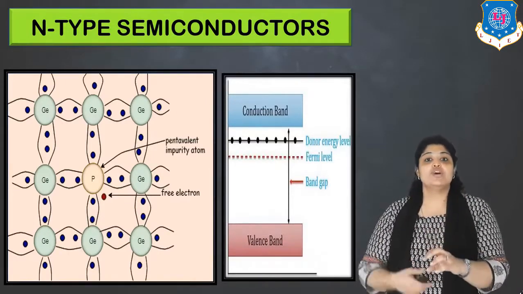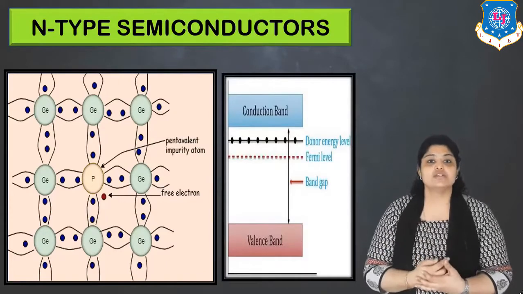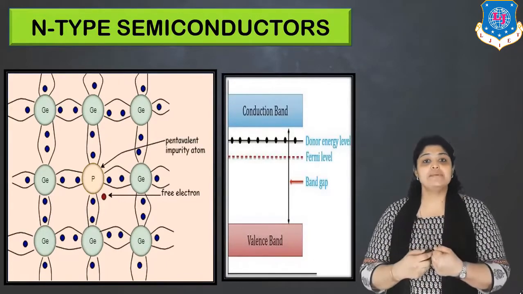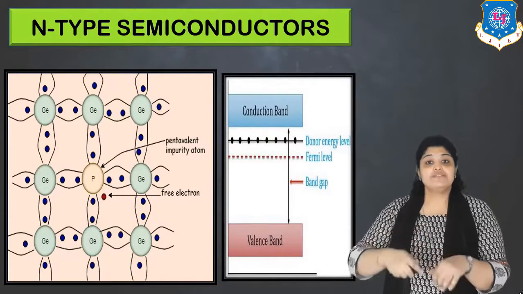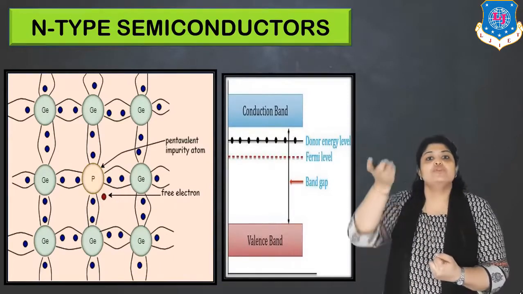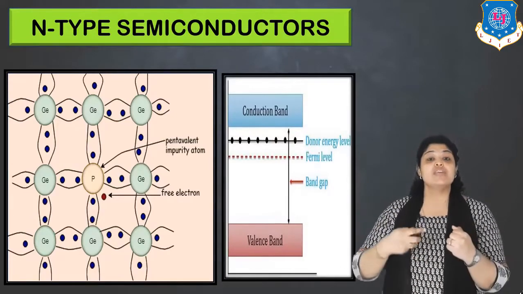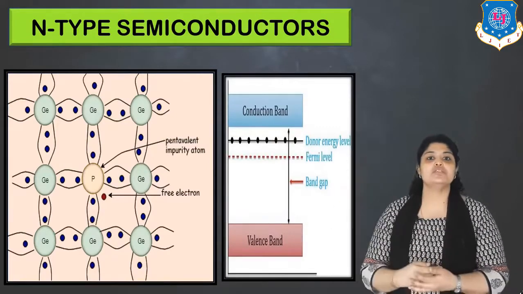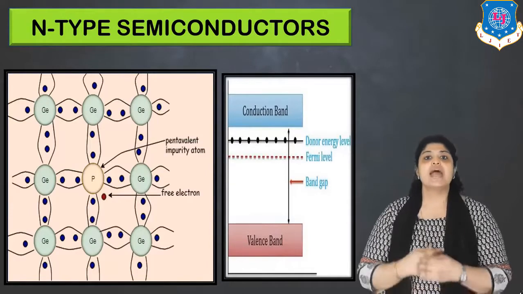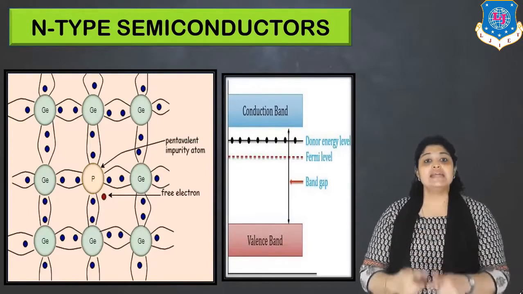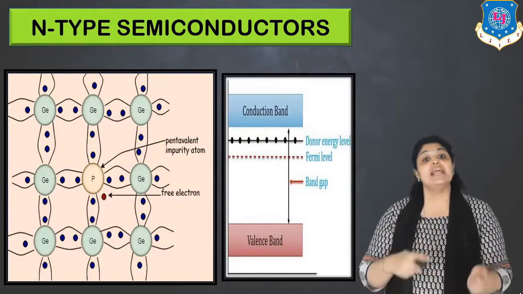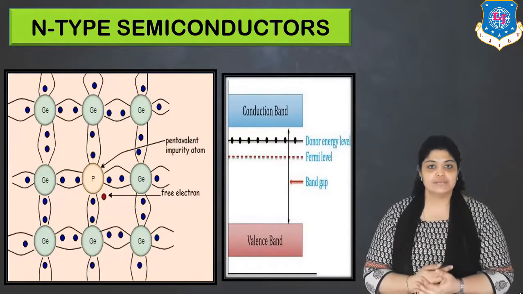And that electron it can easily give to the conduction band. So what happens? The free electrons of this impurity move to the conduction band at room temperature or when energy is given, and so we have more electrons in the conduction band of germanium. And that is the reason we say N-type semiconductors have electrons as majority carriers.